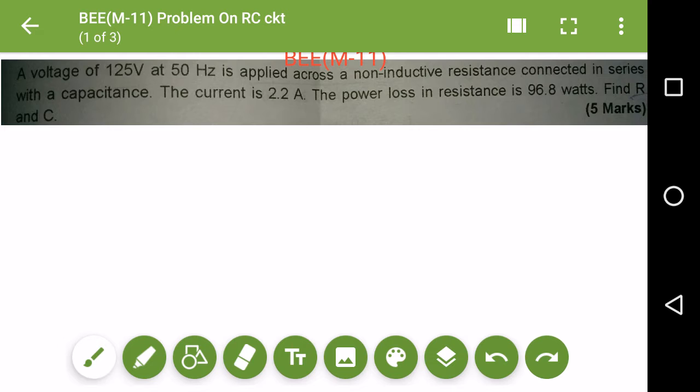The power loss in the resistance is 96.8 watt, and we need to find R and capacitance C.